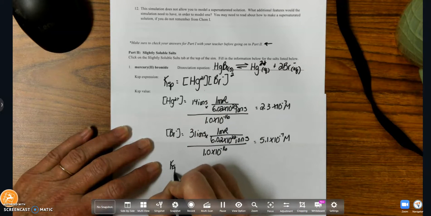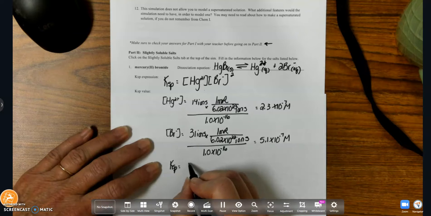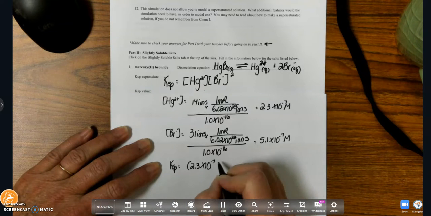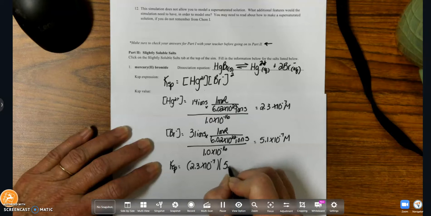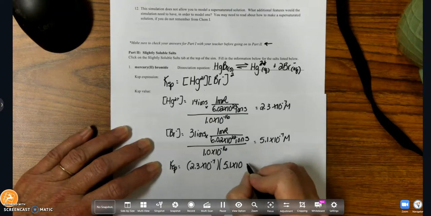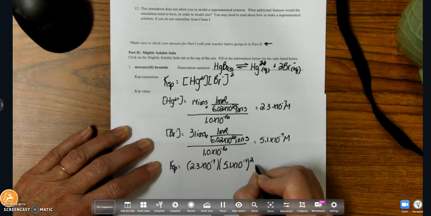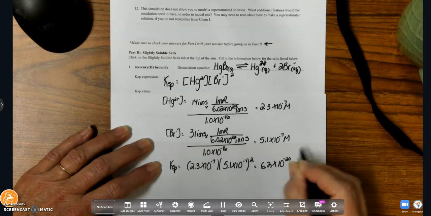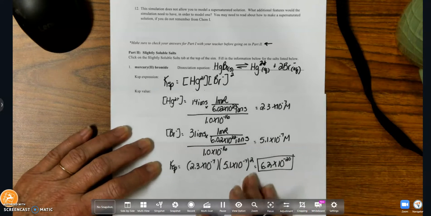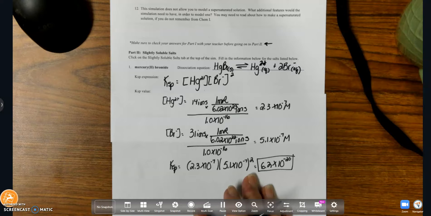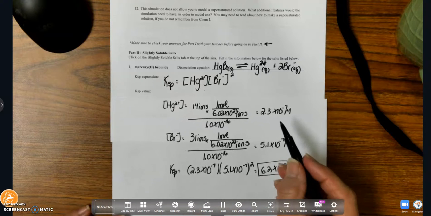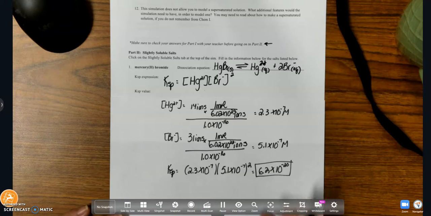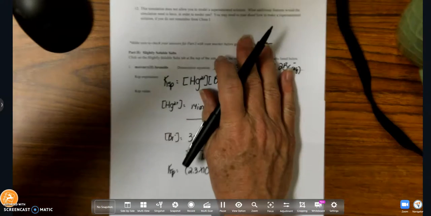So Ksp is going to be equal to 2.3 times 10 to the minus 7 times 5.1 times 10 to the minus 7 squared, which is equal to 6.2 times 10 to the minus 20. All right, now that I've calculated that, I've got my equilibrium concentrations, I've got my Ksp. Now I can calculate my molar solubility.